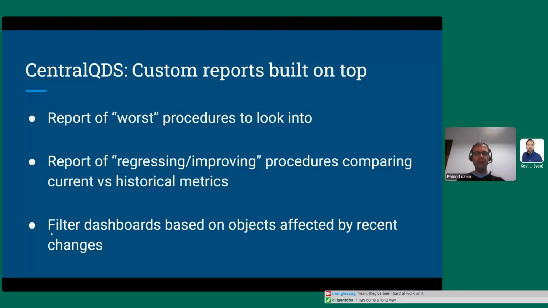So when you go into a dashboard with maybe hundreds of thousands of different stored procedures, you don't really need to try to remember which ones they were, or go into Power BI and start typing every single one. You can just pick, okay, I want to find out what the changes were on the objects that were in scope for this particular change, and it will already filter that. So that's something that you can build on top.